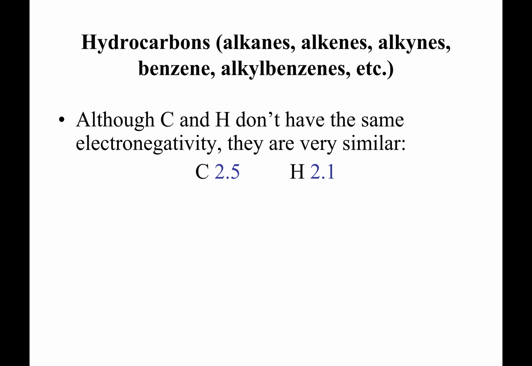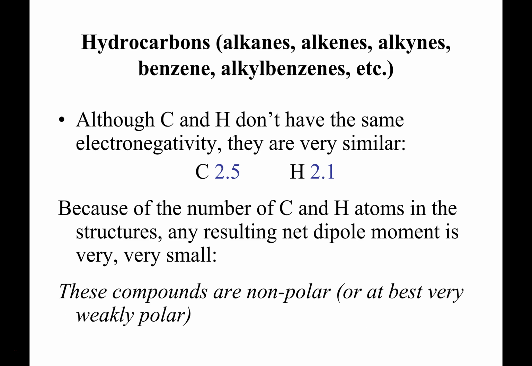Not to say that it's entirely nonpolar, but in general, hydrocarbons, carbon and hydrogen, the only things in their structure, are nonpolar. Hydrocarbons are nonpolar, or at best weakly polar. Okay, so there's that.